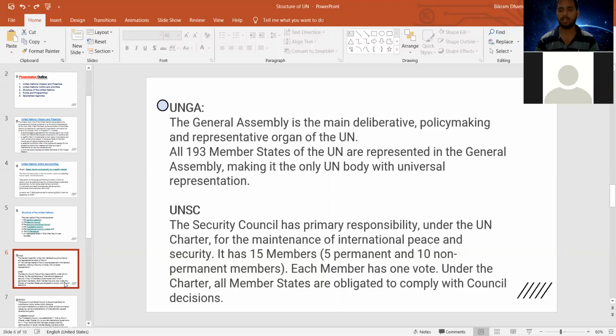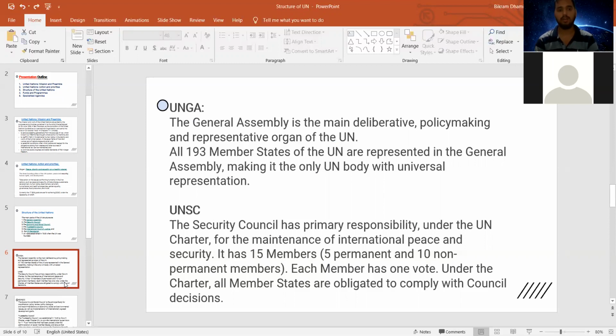The conference of the General Assembly takes place in September of every year, and the 193 nations of the whole world unite together for the conference, make policies, and represent their nations at this conference each September, maybe on a Tuesday.